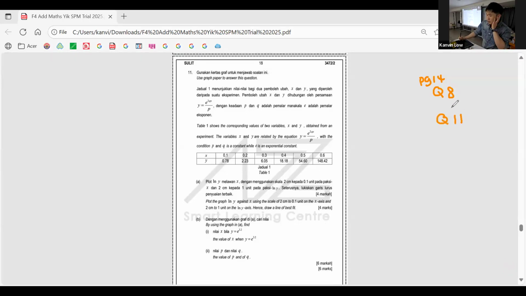This is about drawing the graph. So you try these two questions. I'll give you roughly 25 minutes. Ready? Let's go. Page 14 and page 18, but it's paper two.